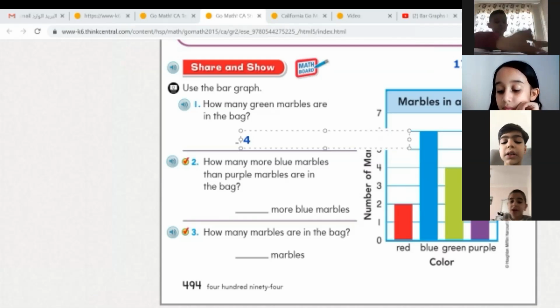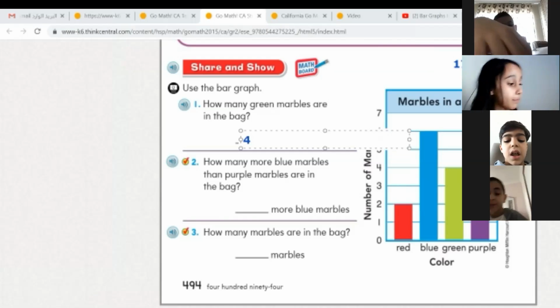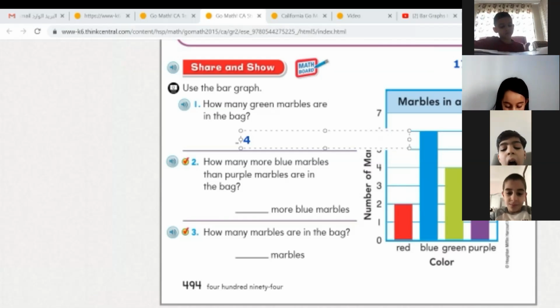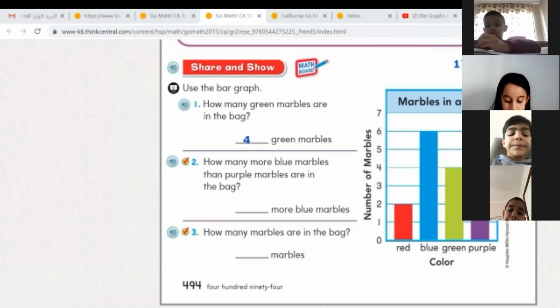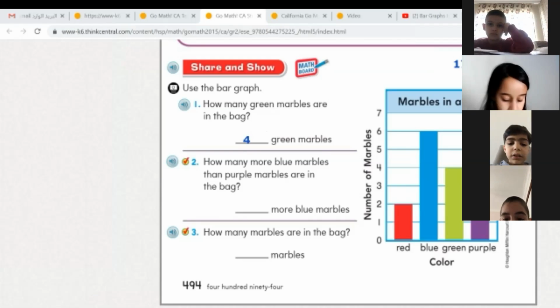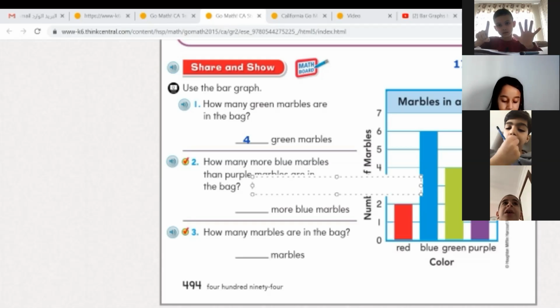Okay. How many more blue marbles than purple marbles are in the bag? First, to know the answer, you need to know how many blue, how many purple. How many blue? 3 purple and 6 blue. 6.